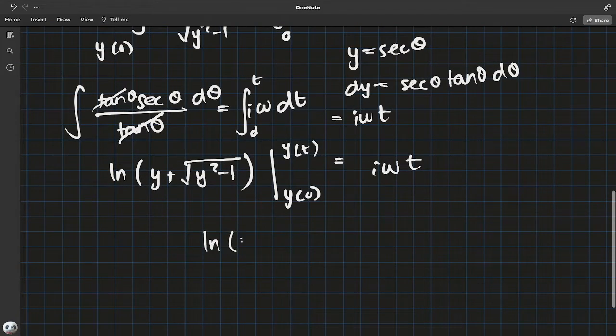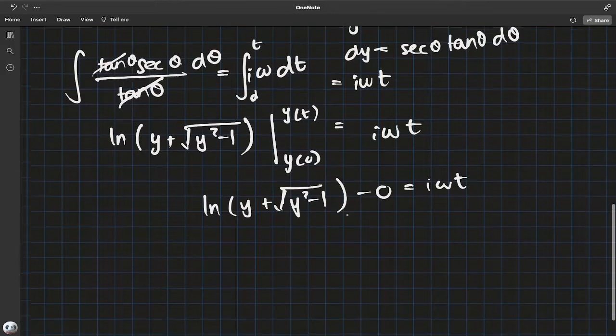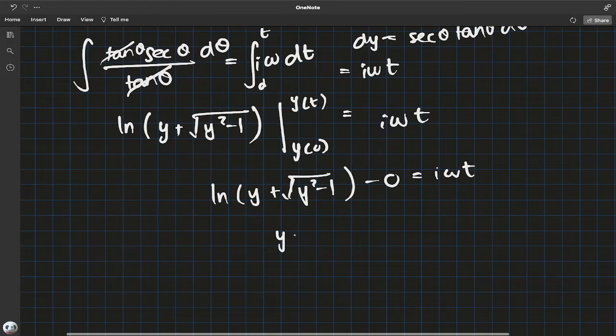This is just natural log of y plus square root of y squared minus 1, because y of 0 is 1, so this is 0 and this is 1. Natural log of 1 is 0, so you minus 0, i omega t. Anti-log on both sides, so you have y plus square root of y squared minus 1 equals e to the i omega t.